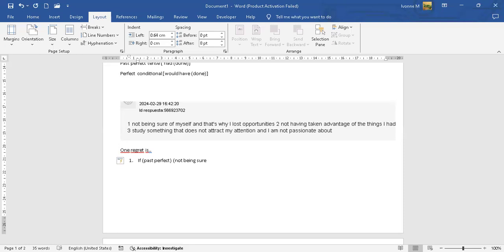Not being sure of myself. It doesn't matter if there are mistakes, because what we're looking for here is to build the third conditional, comma, and I will use the second part, which is the would part, the perfect conditional, using this sentence, lost opportunities.